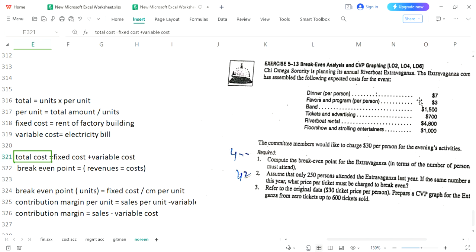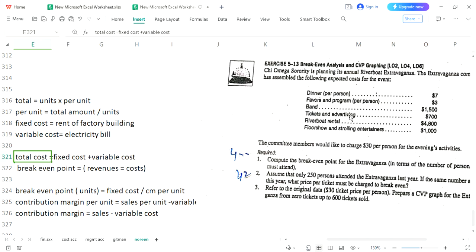If 100 persons are attending, it would be 700, 7 multiplied by 100. If 200 are attending, 7 multiplied by 200, 1400. So it is varying from one level to another, totally dependent upon the number of units, totally dependent upon the activity. So these two would be considered as your variable cost. I'm hopeful that you have understood. We have distinguished these two costs, 7 and 3, as variable costs.